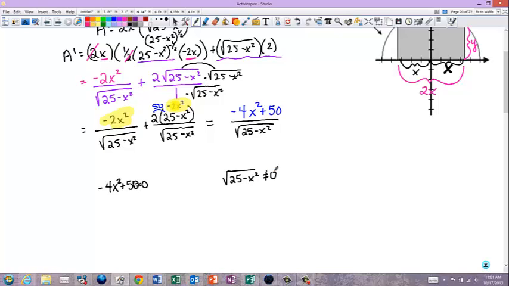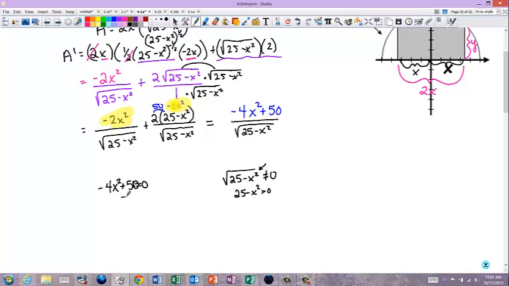Okay? And more specifically, where the 25 minus x squared can't be negative either. So essentially where 25 minus x squared is greater than 0.